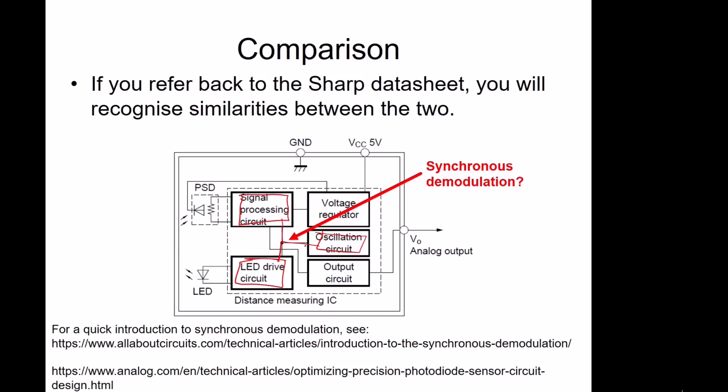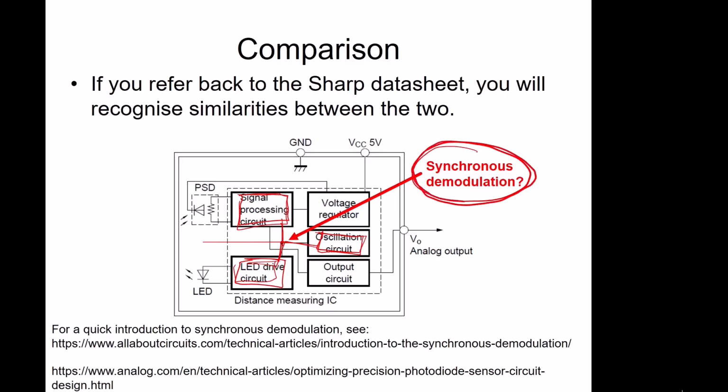The way they've done it here is it doesn't matter what driving frequency you're using, because it is using that same driving frequency to then analyze the signal. And this is a technique called synchronous demodulation. I've put a question mark, so I believe that's what they're doing in this circuit.